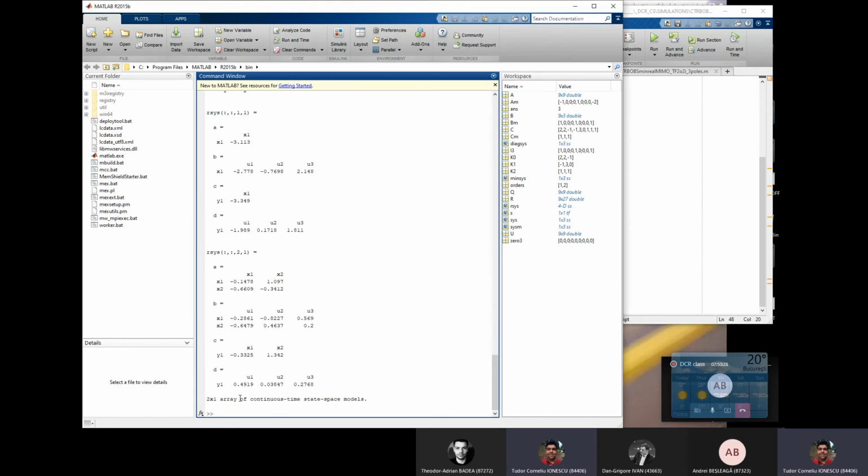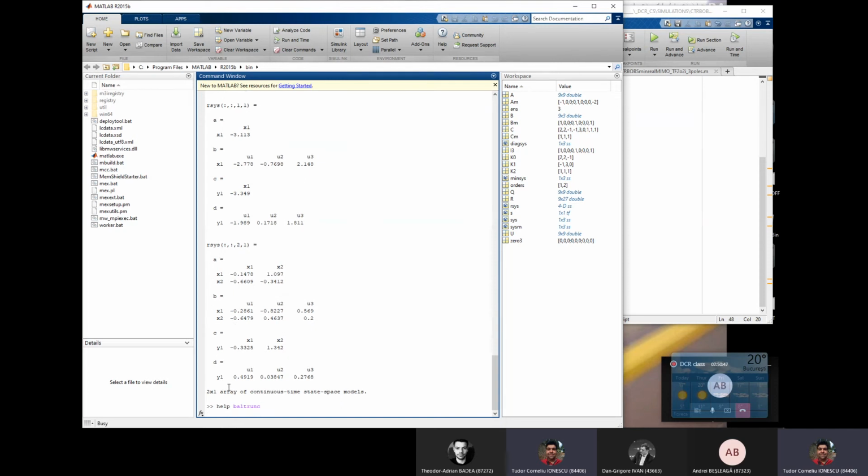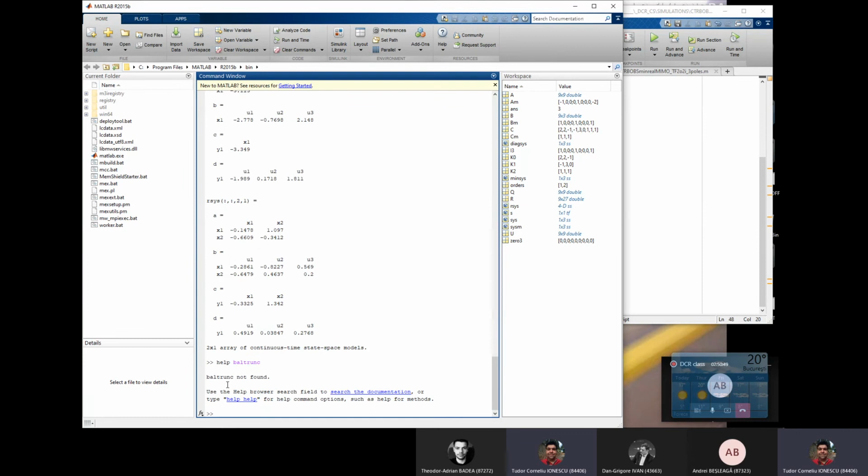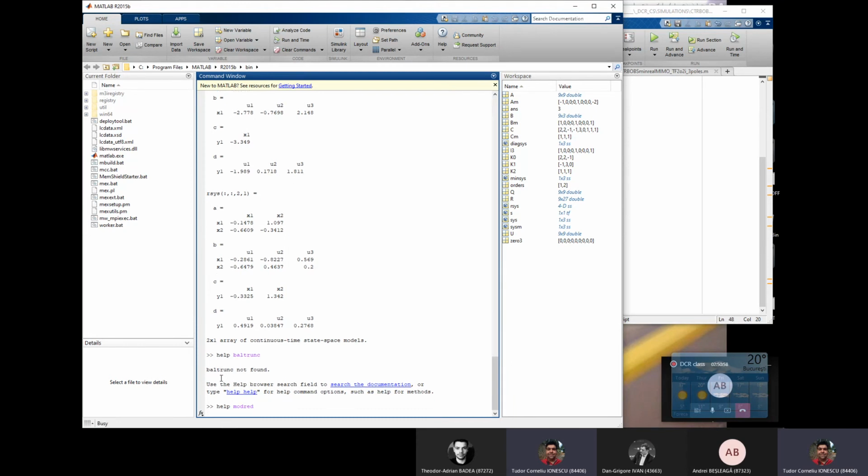Now let's look at the errors. I'm not sure what the command is for the error. Help balred. Let's see if balred still exists. No, it's not. Help. I need to compute the error. modred.